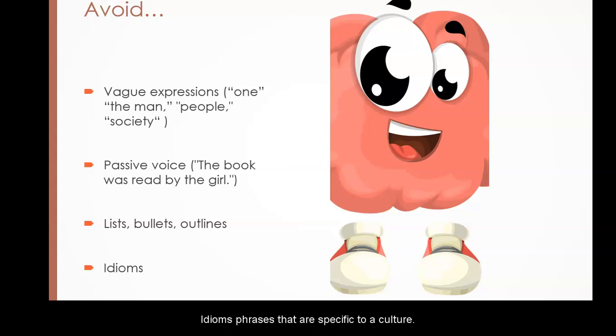Idioms, those are phrases that are specific to a culture, and those can be specific to a region, such as in New York, for example, they call soda pop, right? Pop, that's an idiom. Whereas here in California, we call soda soda, I think, or Coke, right?